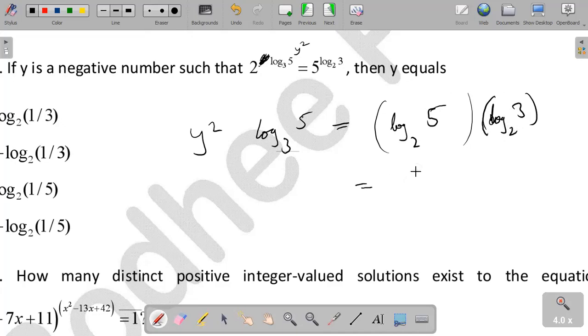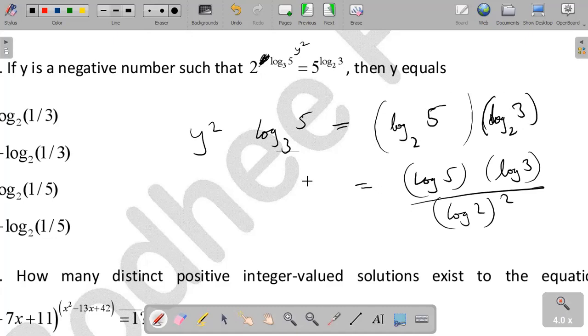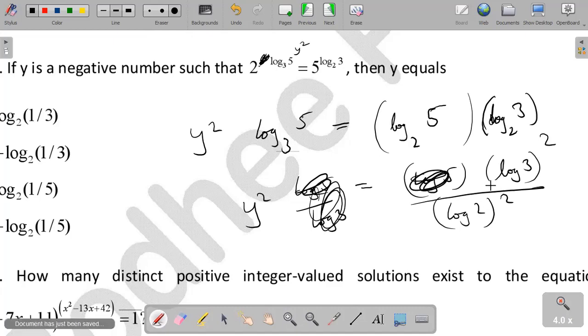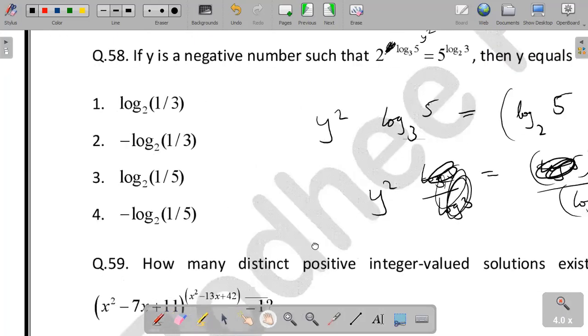So now I would get log 5, log 3, log 2 whole square. And here I would write log 5, log 3. Log 5 and log 5 got cancelled. Log 3 goes here. So this would also be a square. So this would be y square. So the answer would be log base 2 and 3, log 2 and base 3.